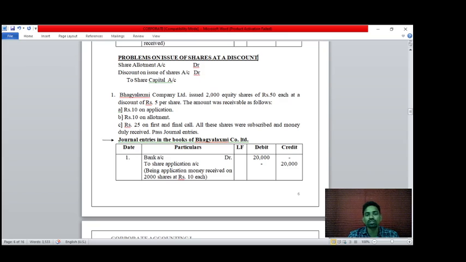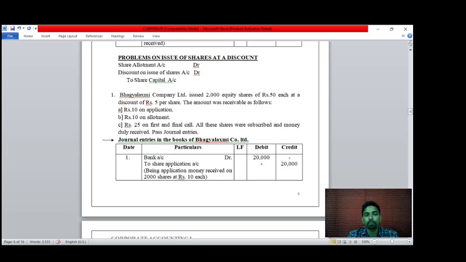So the 100 rupees is the share price, but as there is no demand for the shares, the company issues at a discount. That means the shares will be issued at 90 rupees, and the 10 rupees is the discount.